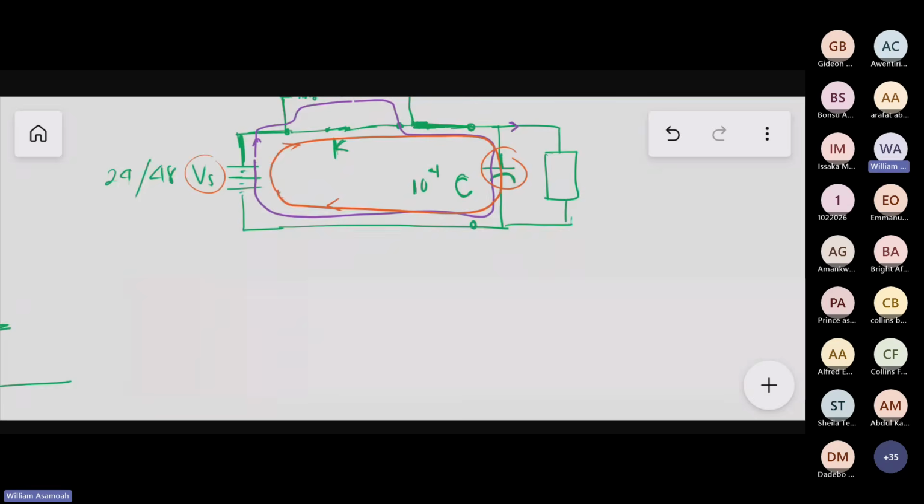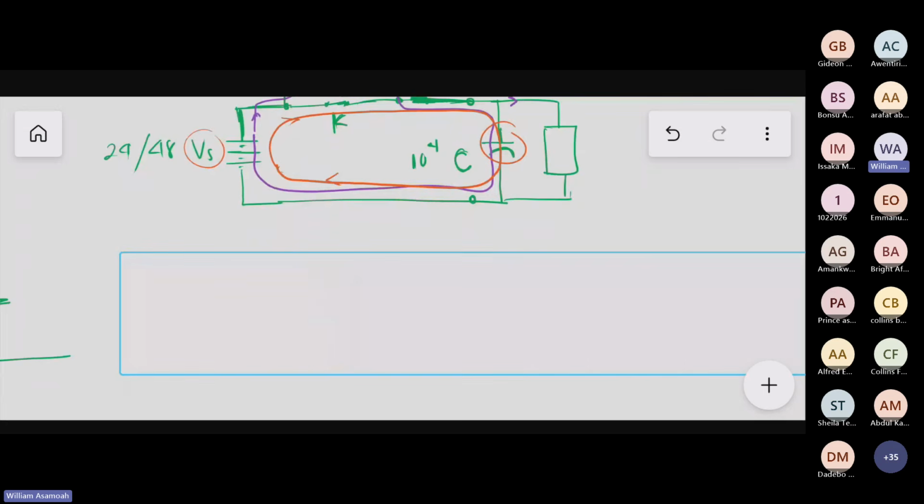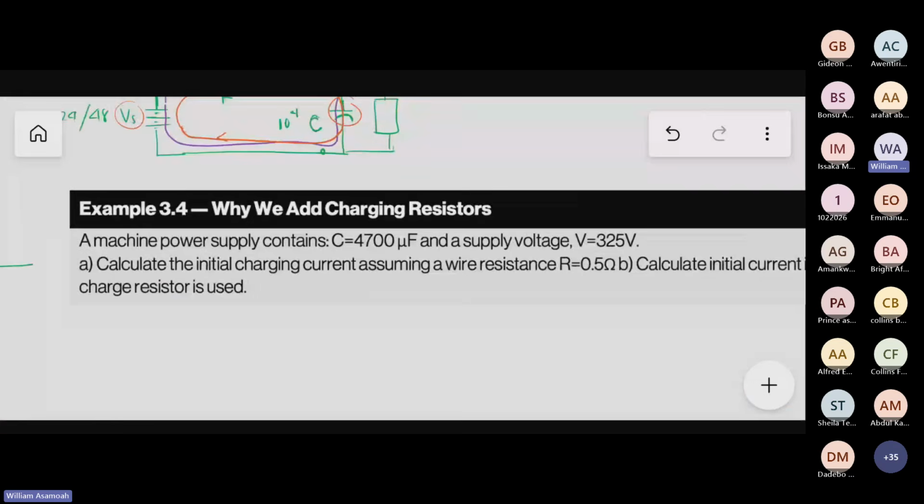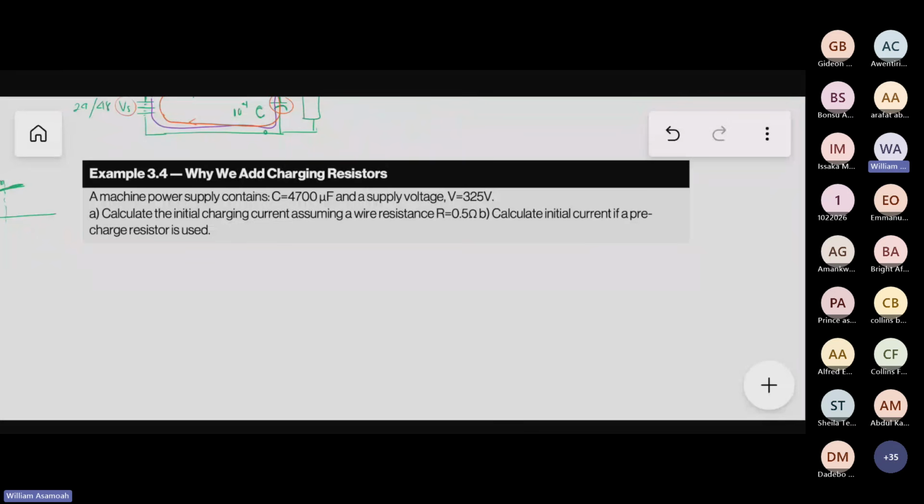And the question is asking us to find, a machine supply contains C of 4,700 microfarads and a supply voltage of 325 volts. Calculate the initial charging current, assuming a wire resistance of 0.5 ohms.